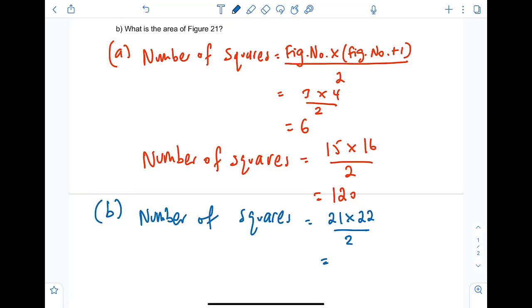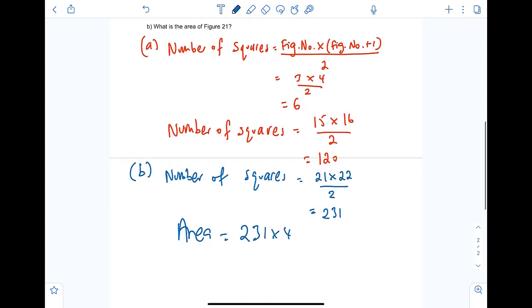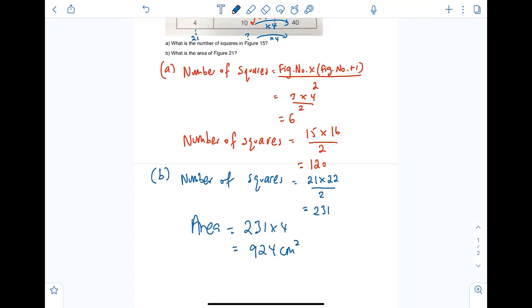Let's see what that amounts to. 21 times 22 divided by 2, 231 squares. Okay, and we can find the area by taking 231 times 4 to give us a final answer of 924 square cm. Final answer, 924.